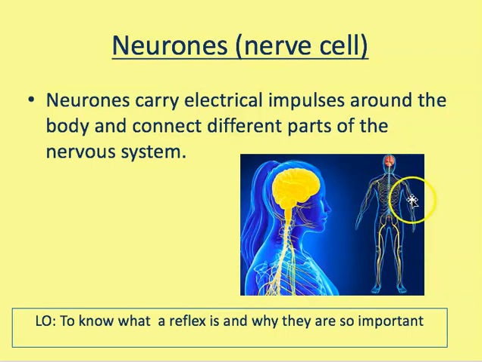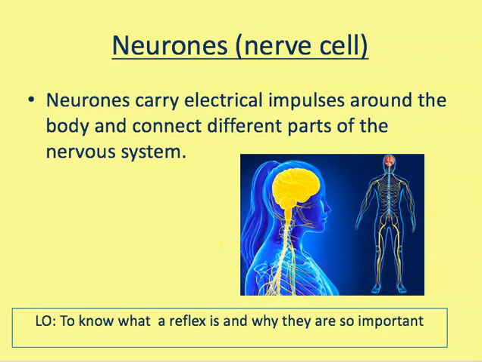The word peripheral means around the side of, around the edge of. Neurons are part of the peripheral nervous system and they carry messages to the spinal cord and the brain and then back from the brain and the spinal cord to your different organs, to your glands, to your muscles, all around your body. So the neurons carry electrical impulses around your body.